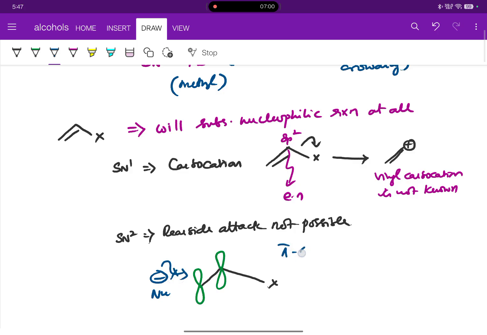The pi cloud repels the attacking nucleophile. Thereby, no SN2 reaction as well. So both SN1 and SN2 are not possible in vinyl chloride for one simple reason. SN1 is not possible because carbocation formation is not known.